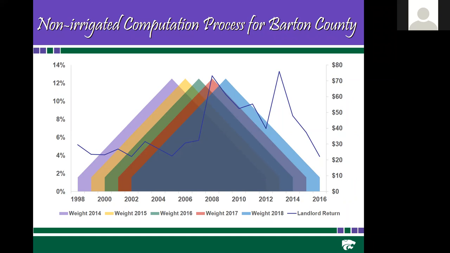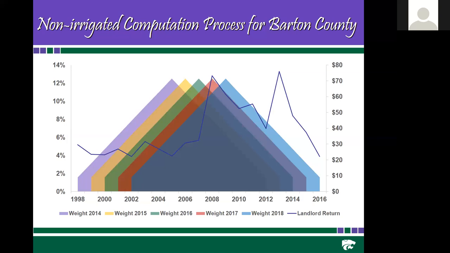One of the things that you would wonder, well, is Barton County representative of what's going on in Kansas? In some respects it is, such that the profitability in 2008 and 2013 from a crop perspective was a price effect. And this was fairly widespread across Kansas.